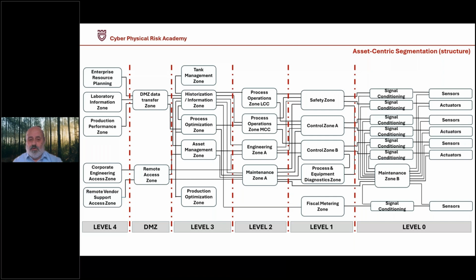You have process optimization, and your advanced process control typically resides on a server in the level 3 zone. Various asset management applications, production optimization. There are different options in this.